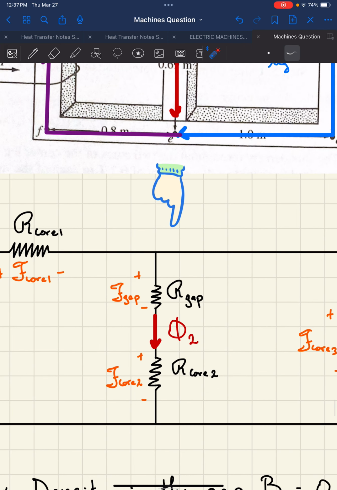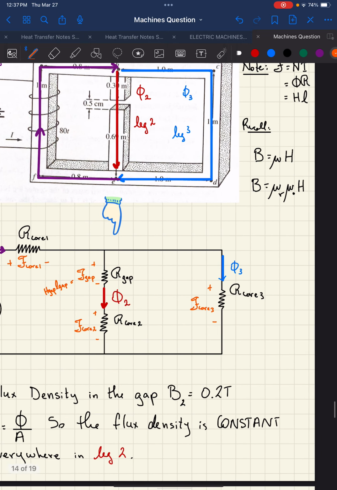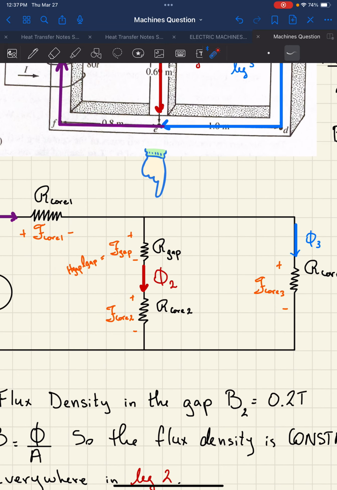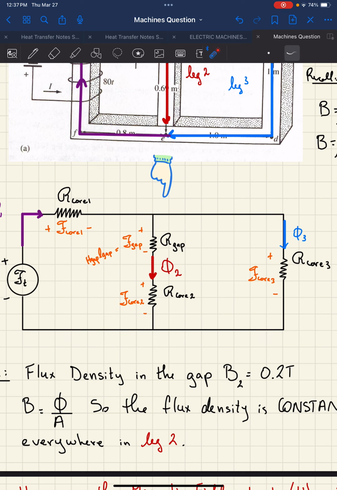Now how do you find those? Well, we remember that F gap is basically H gap times L gap. It's HL. So if I find the magnetic field intensity in the gap, and if I also find the mean length of the gap, I find F gap. And I apply the same concept over here, that this is basically H core 2 times L core 2, right?